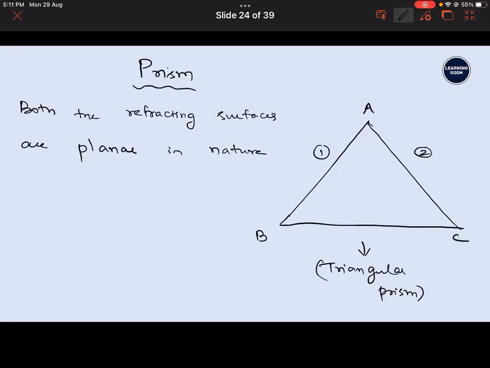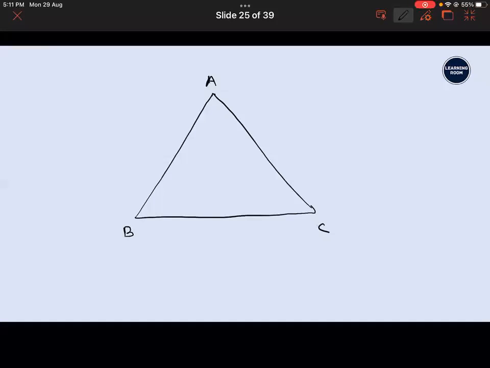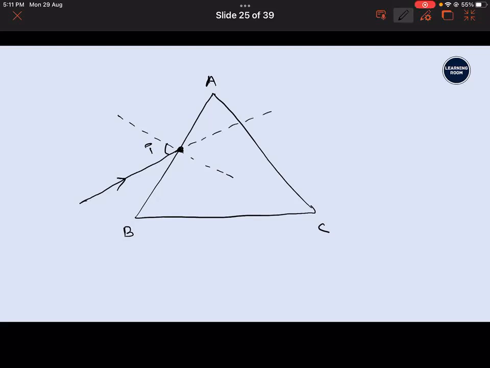Now, for this triangular prism, we are going to calculate how the other values are. If I take an incident ray to hit the first refracting surface, I'll draw a normal to the surface. Then this angle is called the angle of incidence. Had this refracting surface not been there, the ray would have traveled in a straight line like this.